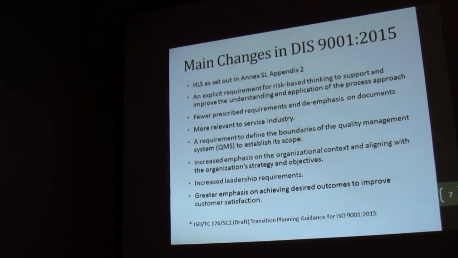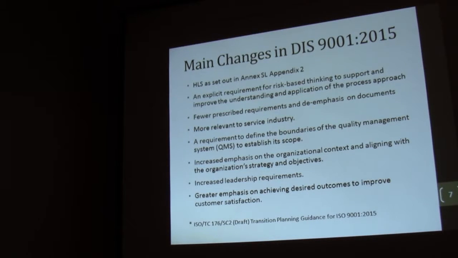You have to have the procedures that function in your quality management system. More relevant to the service industry, there's no longer the product realization, which was the Clause 7 in 2008. It's changed, now it's called operations, basically.